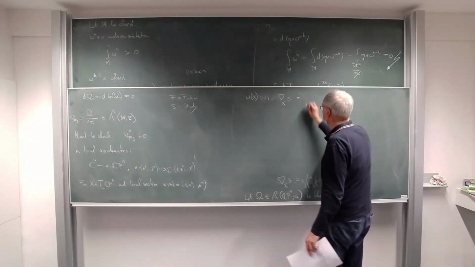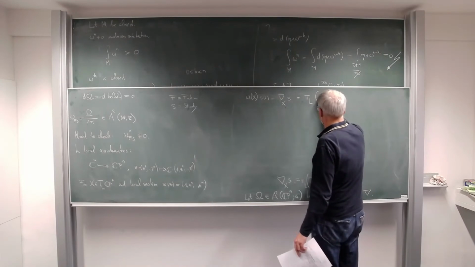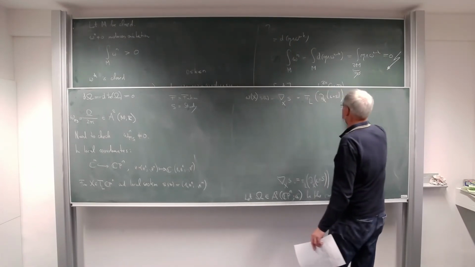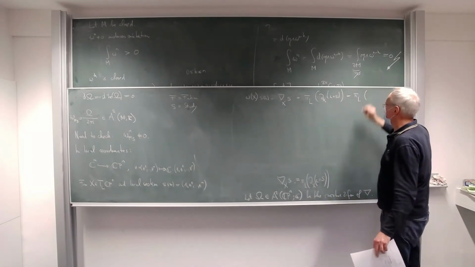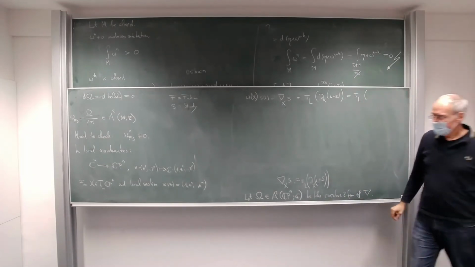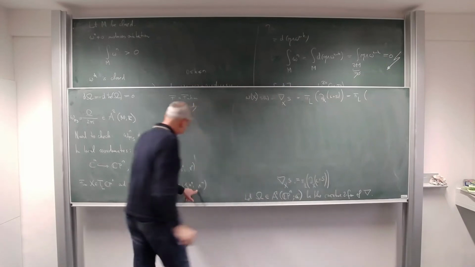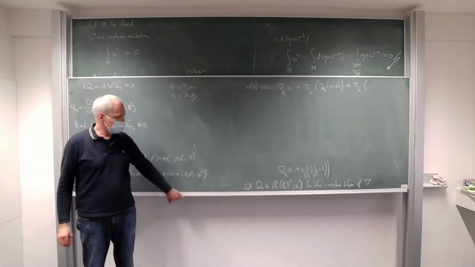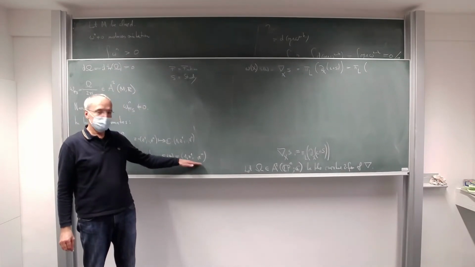So we get the orthogonal projection onto L, of the derivative in the direction x, composed with s. So what is it? Okay, so I have to look at this. Now I have to consider this as a C^(n+1)-valued function, and I have to take the usual derivative of it in the direction x.